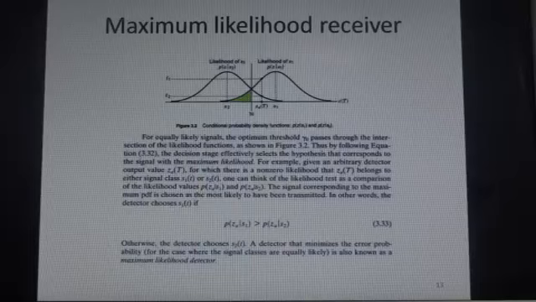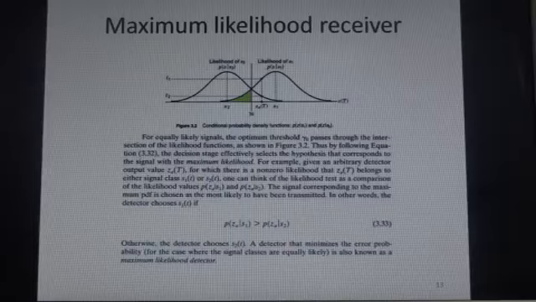For example, given an arbitrary detector output value z(T), for which there is a non-zero likelihood that z(T) belongs to either class of signals S1(T) or S2(T), one can think of the likelihood test as a comparison of the likelihood values. The signal corresponding to the maximum PDF is chosen as the most likely to have been transmitted.